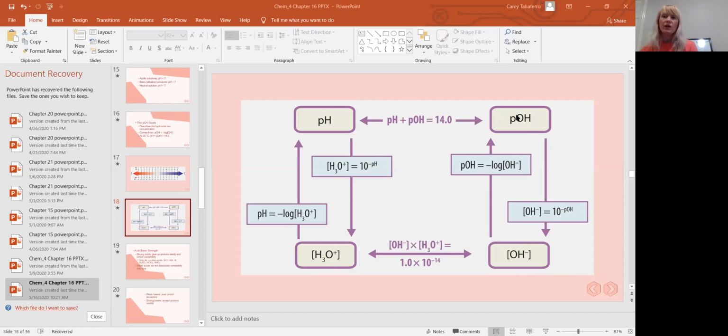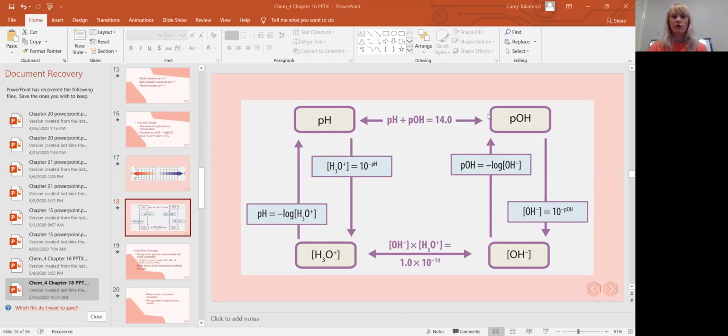Now, if you're given a hydroxide ion concentration, or a concentration of a base, and you go to pOH, but the question asks you for pH, well, find the pOH and then use this equation where pH and pOH combined equal 14. You can subtract whatever the pOH is from 14, and that gives you pH.